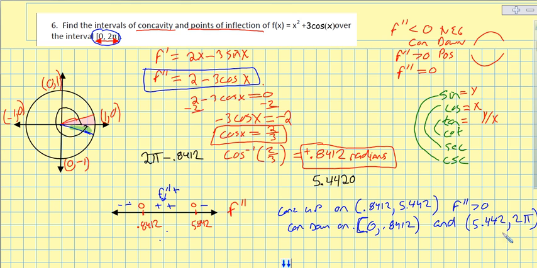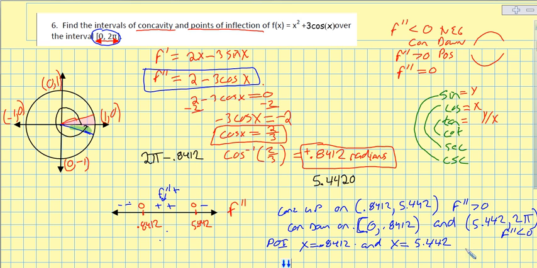And once again, that's because the second derivative is less than 0 or negative, and we have 2 points of inflection. 2 points of inflection is when x equals 0.8412 radians and x equals 5.442 radians.